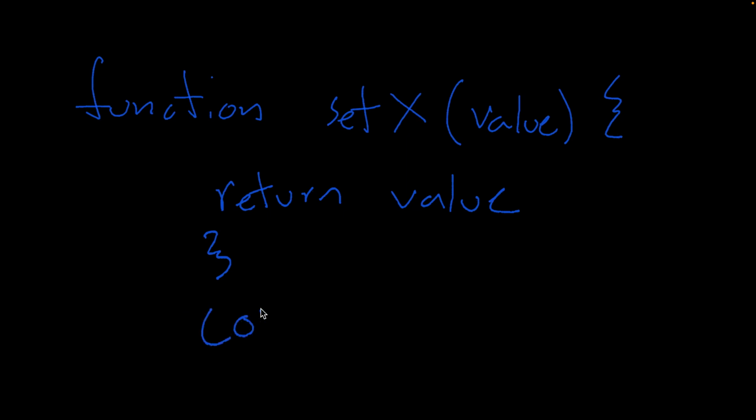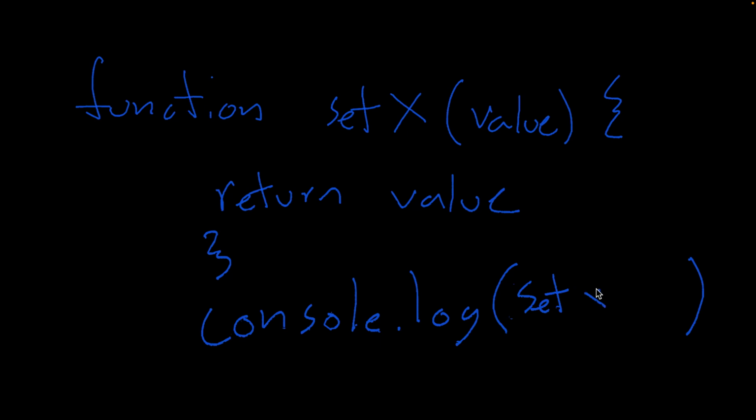Value. So we say console.log, and inside the parentheses of this console log, inside here we say set x. Set x, and then we'll call it with, let's say 5.